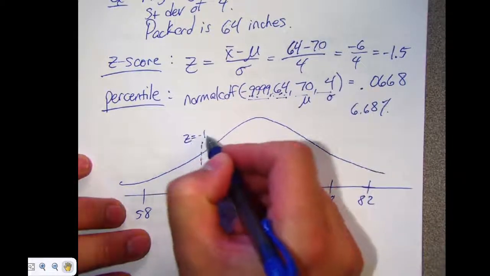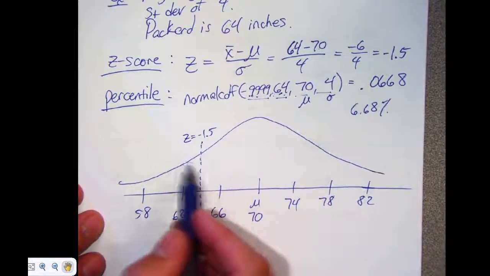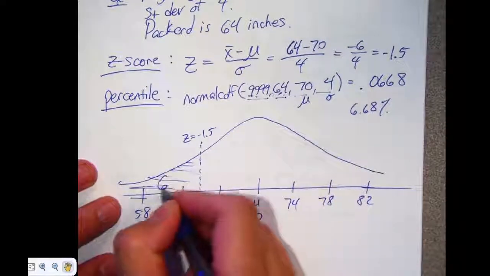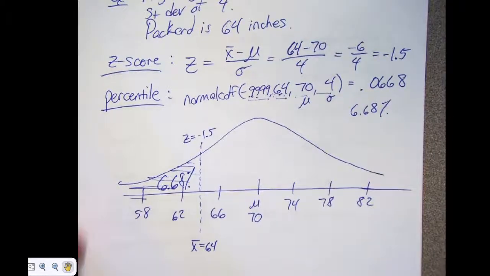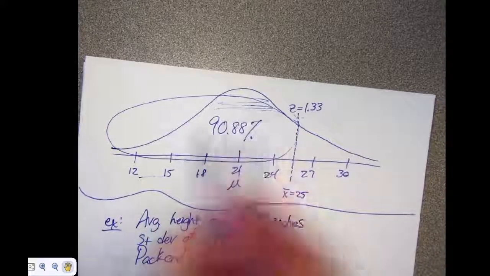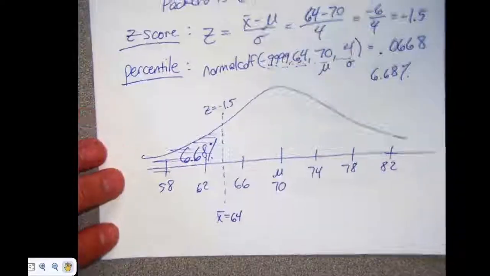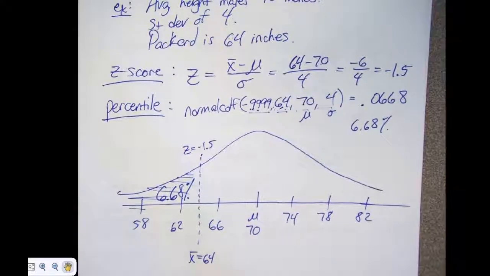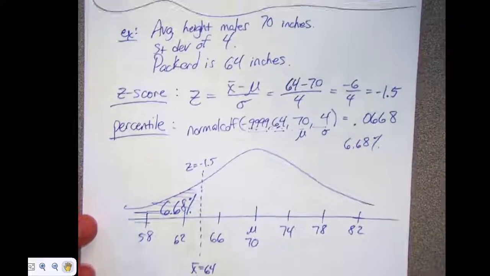I'm labeling my z-score. And then you can shade that in and say, okay, that's 6.68% of my data. Or up here, I shade that in, and okay, that's 90.88% of my data. So Mr. Packard is, in this example, taller than almost 7% of men. He's a giant, basically.